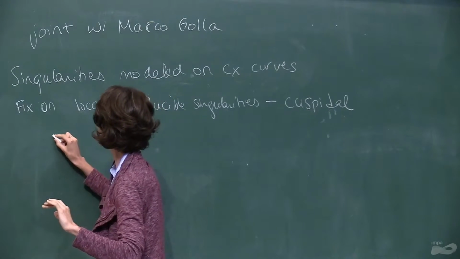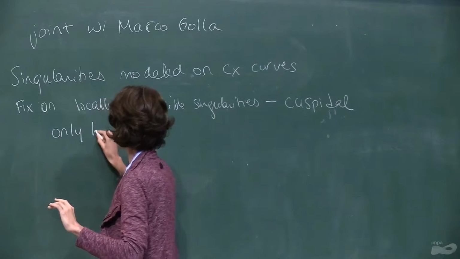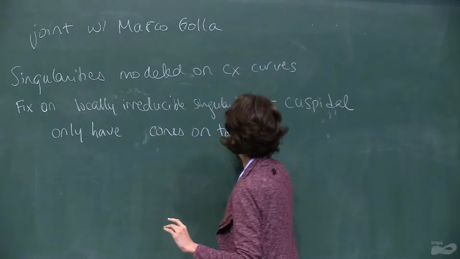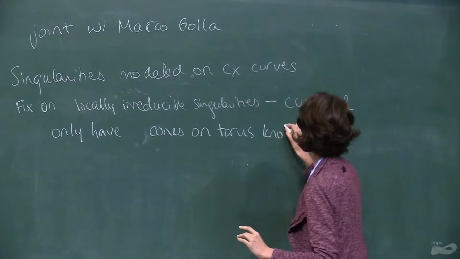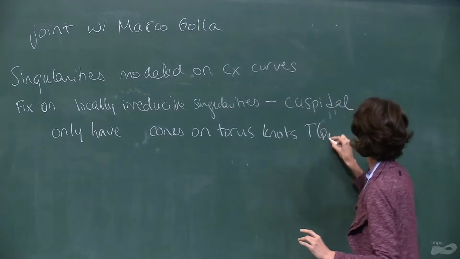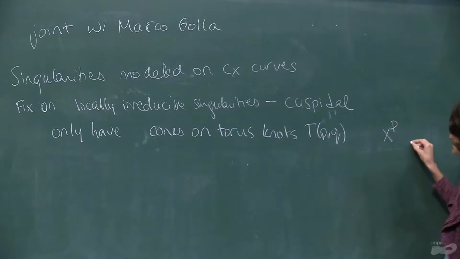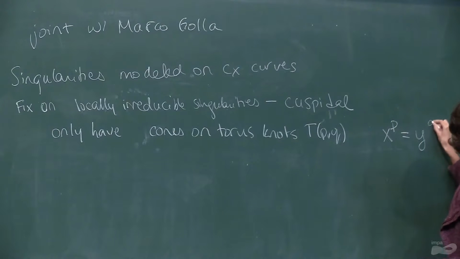So we'll only have cones on torus knots, T(p,q). You can think of your model as looking like x to the p equals y to the q. At the origin, there's a singular point, and your knot is wrapping p times in one circle direction and q times in the other circle direction.